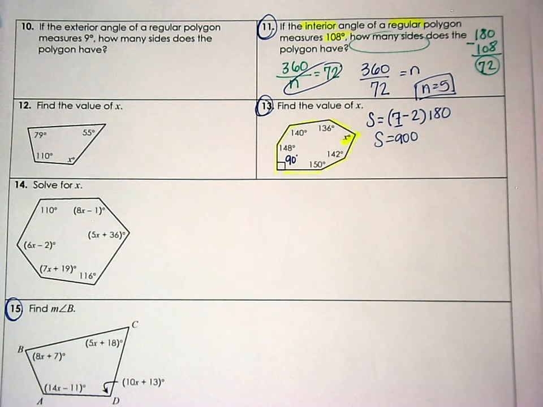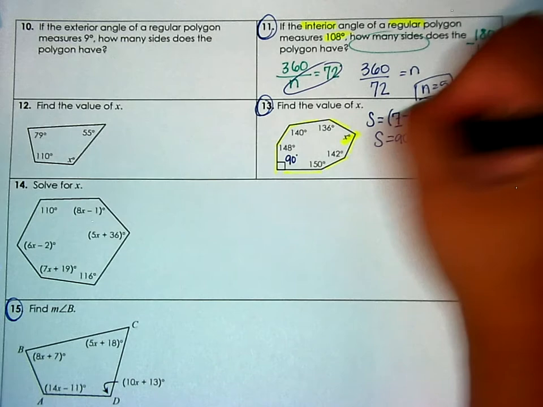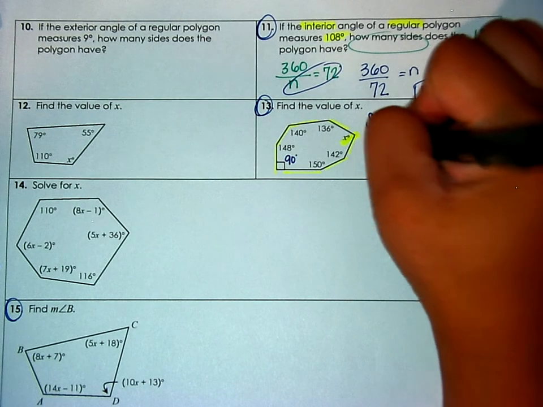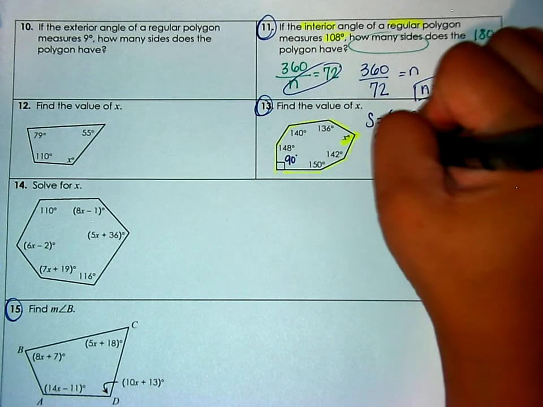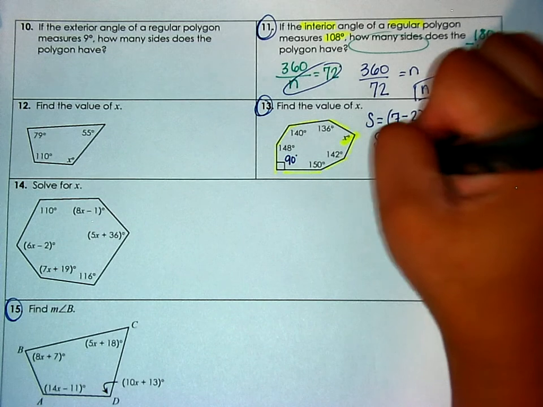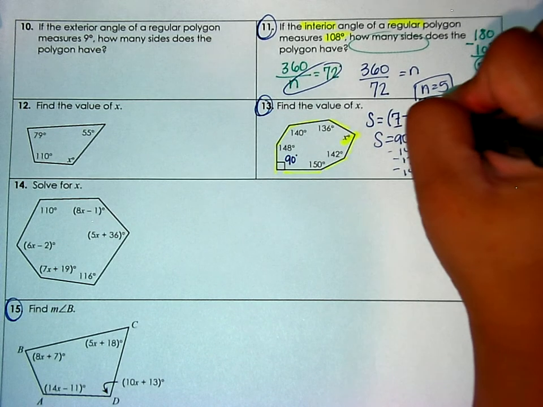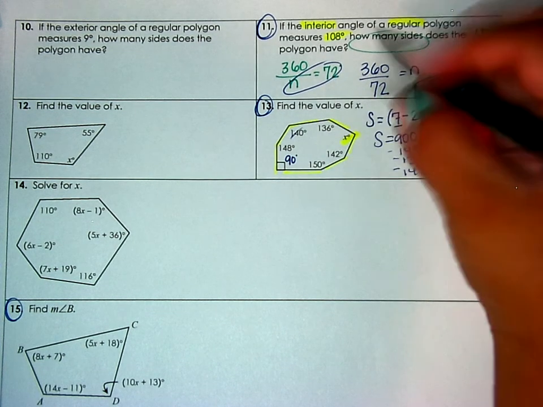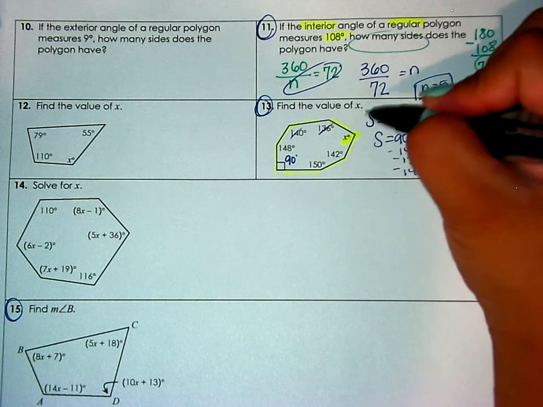Now all we have to do is subtract all of those numbers, and we have our answer. So again, you could add them up. I'm not going to do all that. I'm just going to subtract in parts. I'll be putting these all into the calculator. So I do all those. Then I keep subtracting. So I did 140. I'm just going to cross them out as I go. 136, 142.